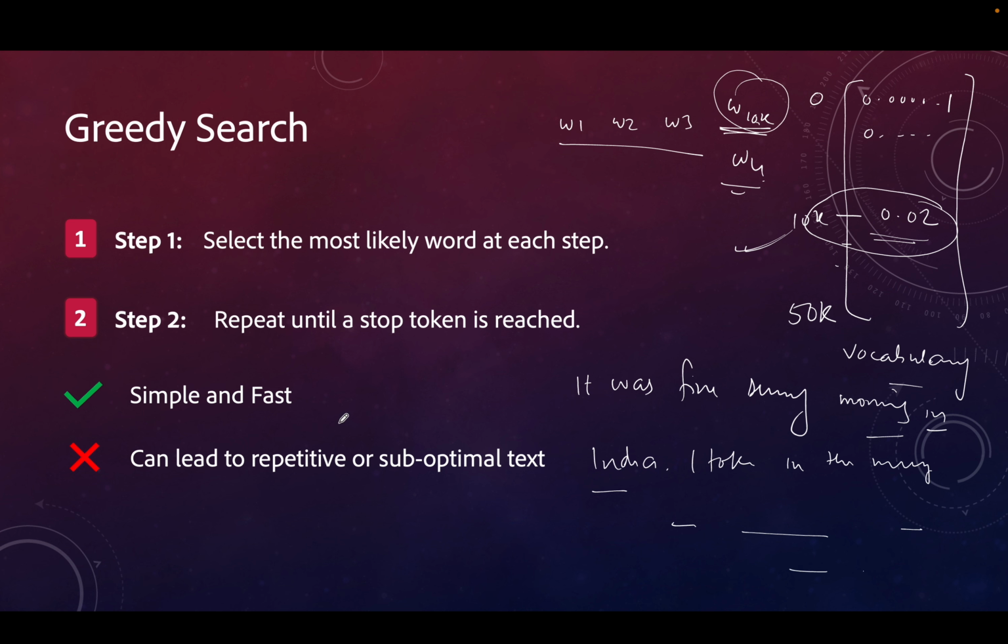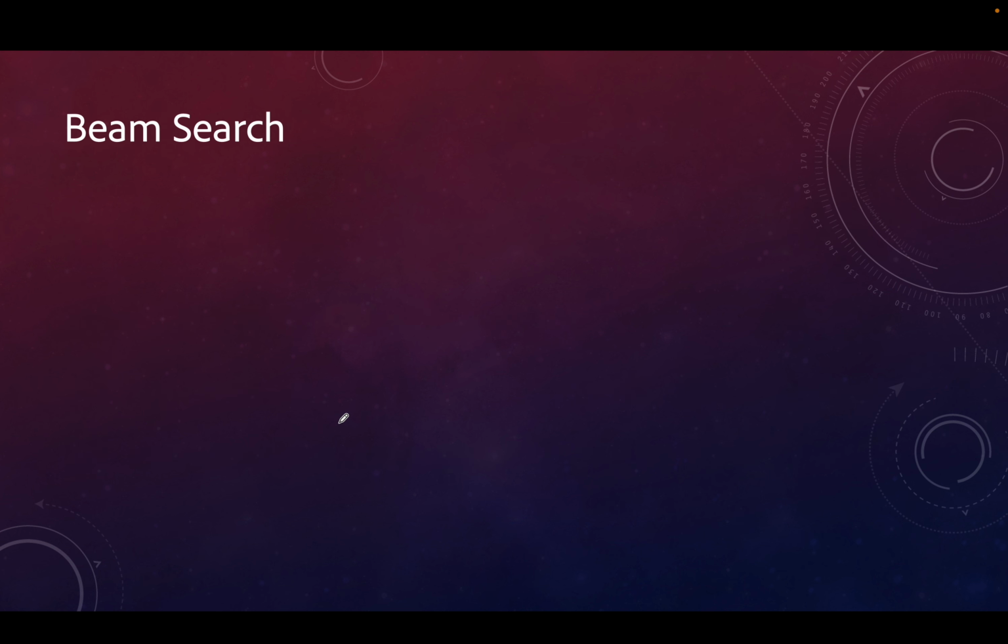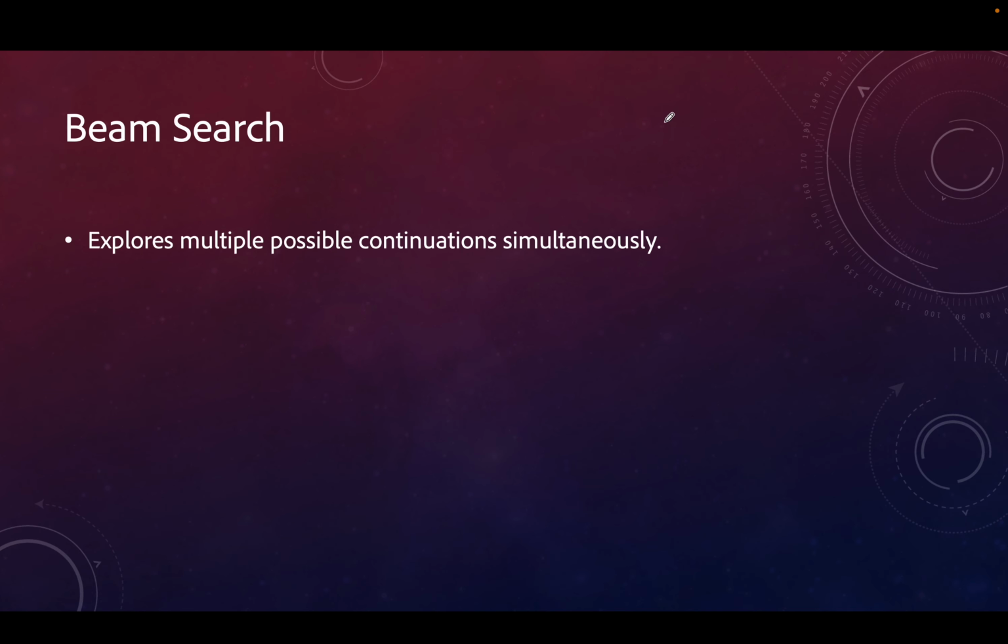So what should be a better approach? There is something called beam search. It explores multiple possible continuations simultaneously. Let's say we have a word, the, and there are three possibilities: the cat, the dog, the tiger or something.